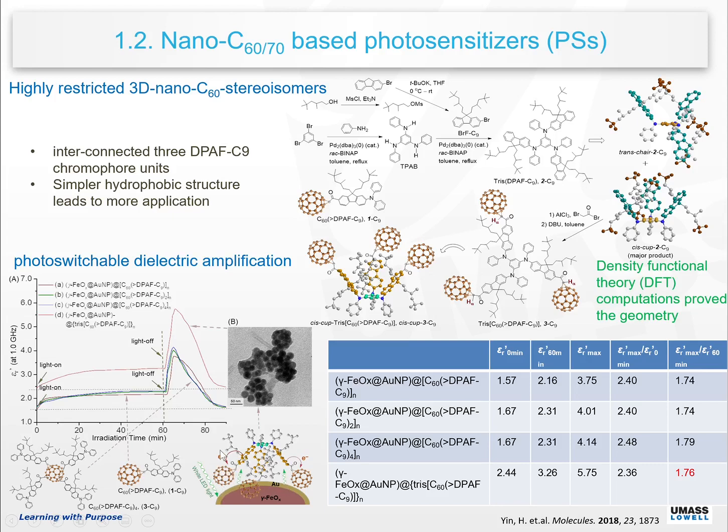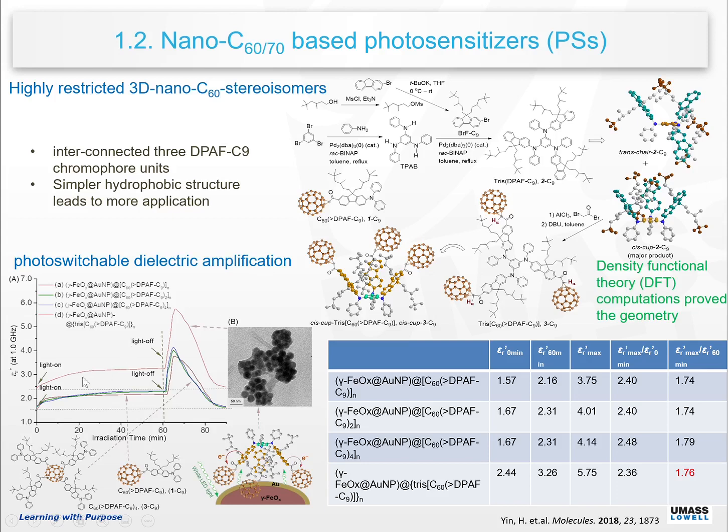So that means intramolecular polarization will be enhanced due to the plasmonic effect of the gold. So all these electrons can be distributed on the C60 surface, and this configuration will lead to dielectric amplification.